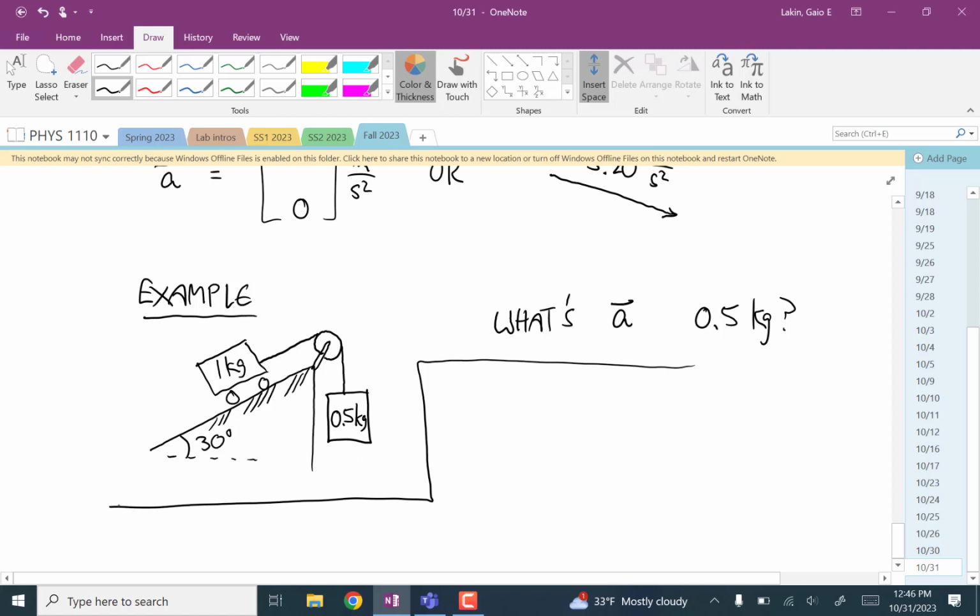Just so that we can carefully compare steps, what we're going to do is isolate each of these individually. We have to in this case because the accelerations of the two things are going to be different. So let's start by isolating the 1 kilogram.